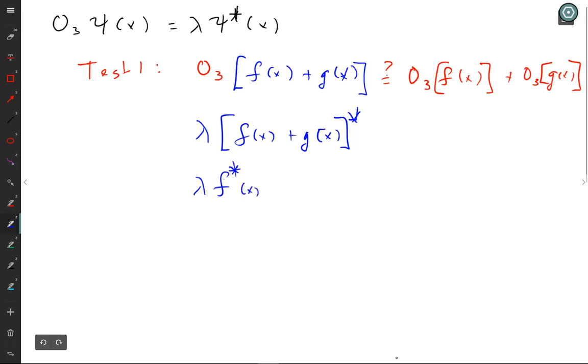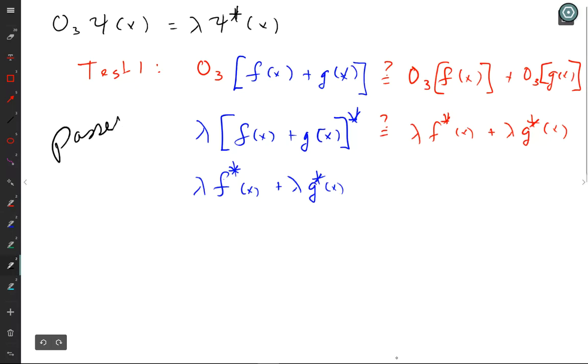Okay, so it does distribute. So there's the left-hand side. And on this side, it's going to be this, and so are those equal to each other? Yes. So it passes test 1.